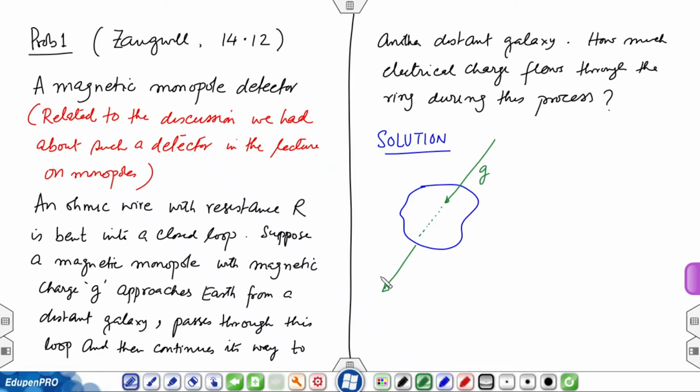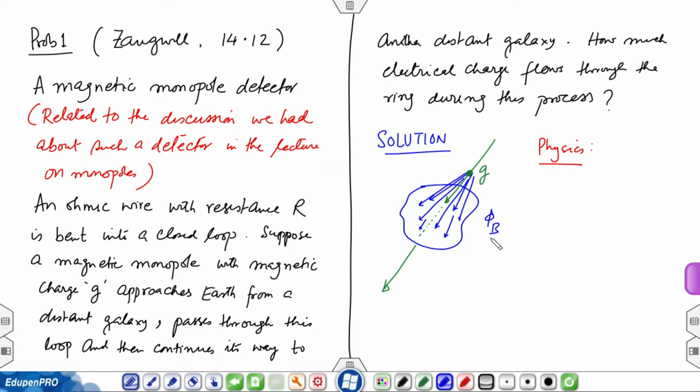What is the physics behind it? Physics is quite simple. If I look at this monopole at certain point, it has all these field lines coming into this area, and this gives a flux phi b.